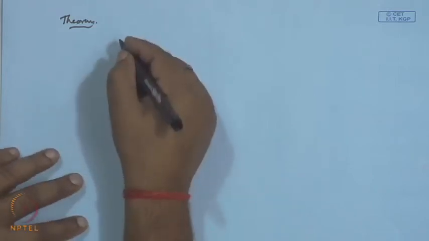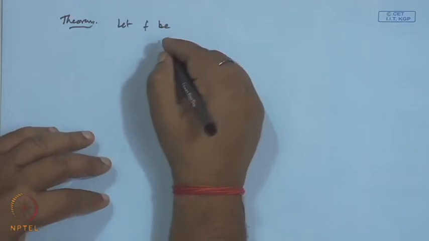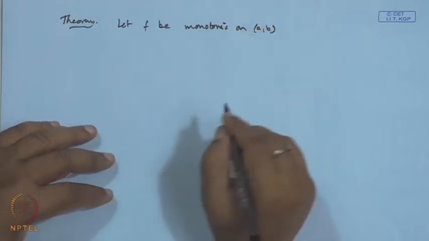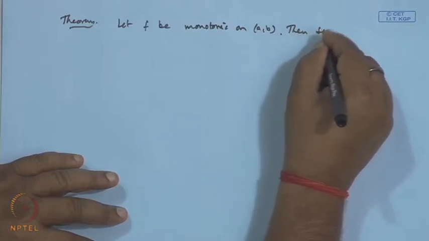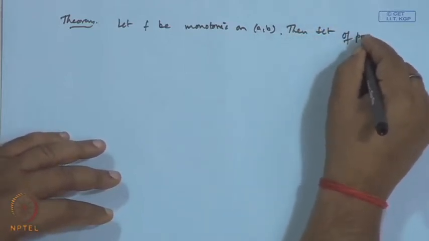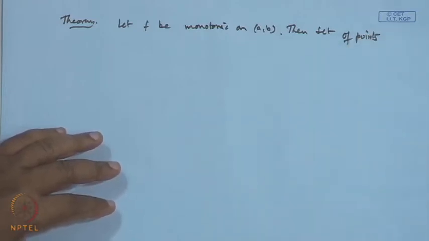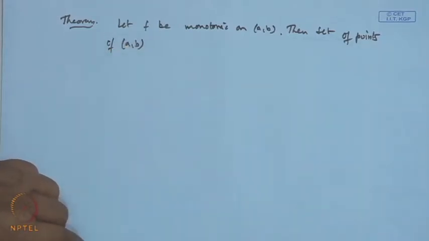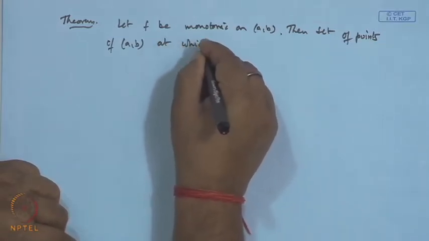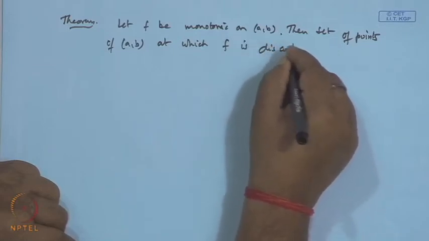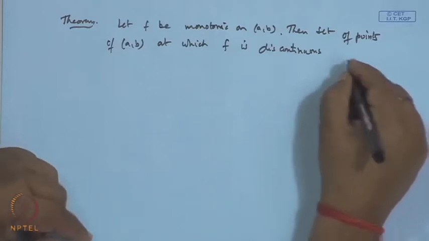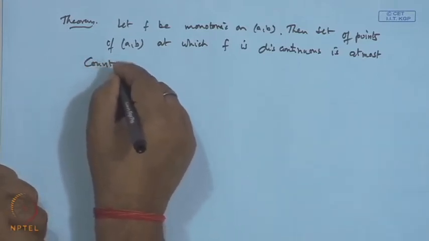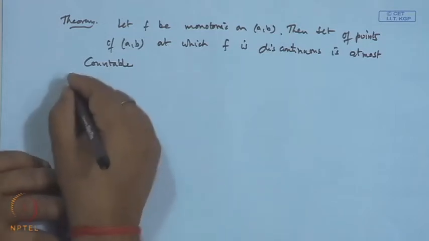The theorem says, let f be monotonic on the interval [a, b], then the set of points of [a, b] at which f is discontinuous is at most countable. Let us see the proof of it.